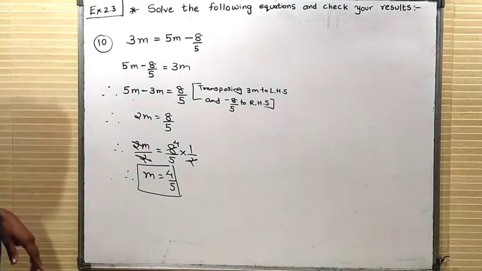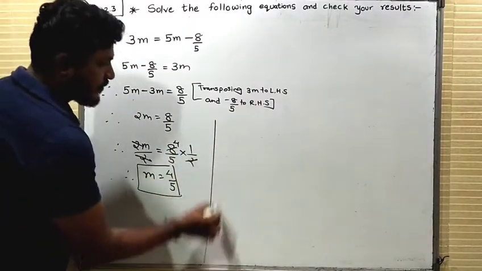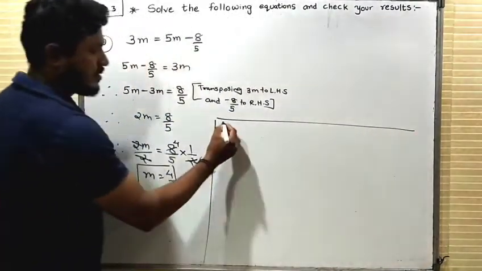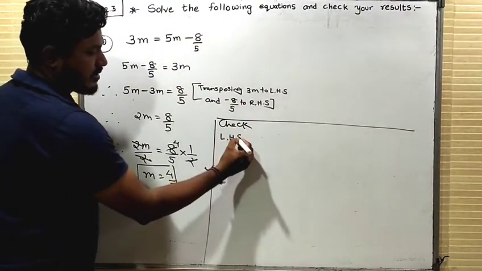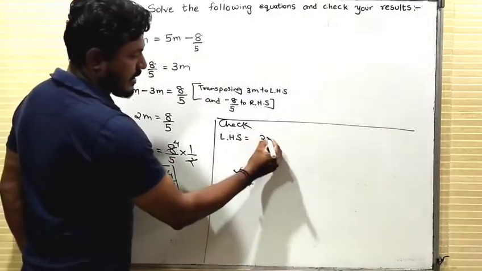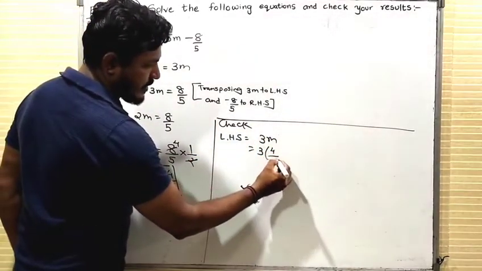Now dear student, I need to check both the sides whether they are equal or not. So first let us check LHS, that is 3m, the value of m I got is 4 by 5.